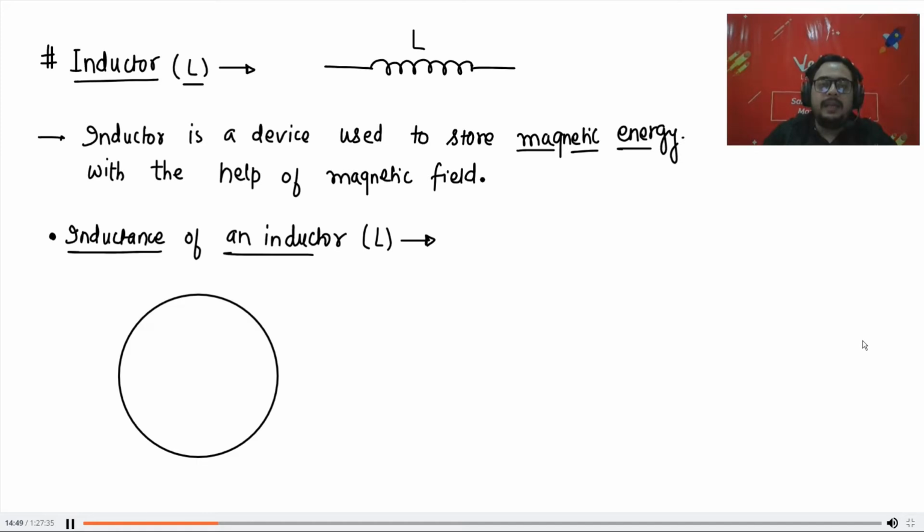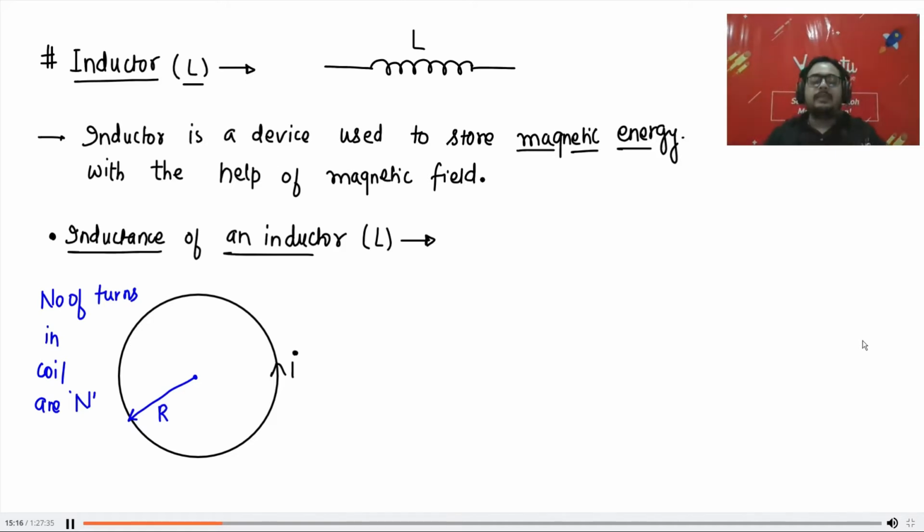Let me say that I have a coil carrying some current I like this. Let the radius of the coil be R and the number of turns in the coil be N. Is this coil creating any magnetic field?